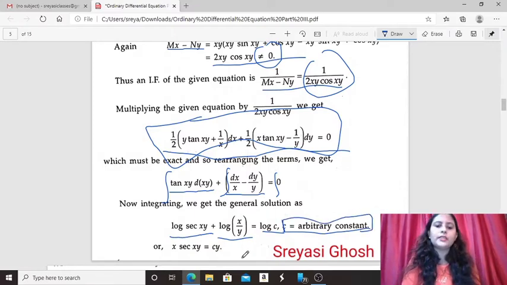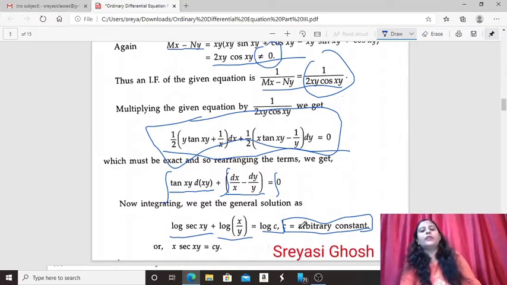If you do not write this, marks are definitely deducted. So ultimately we can write x by y into sec xy equal to c, just removing all the logs and applying antilog. Also, you can simplify it further as x sec xy equal to cy.